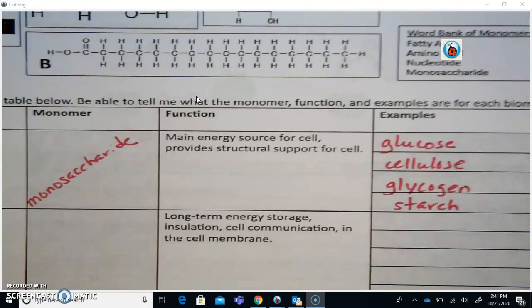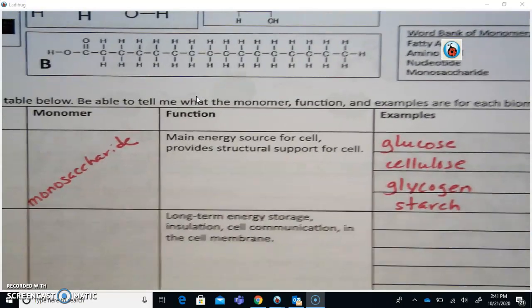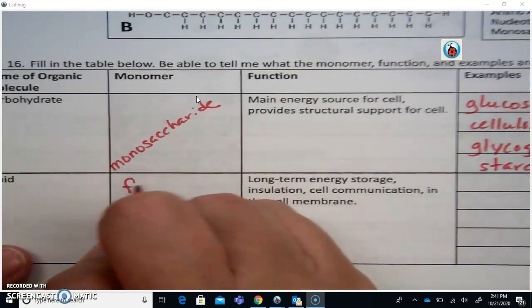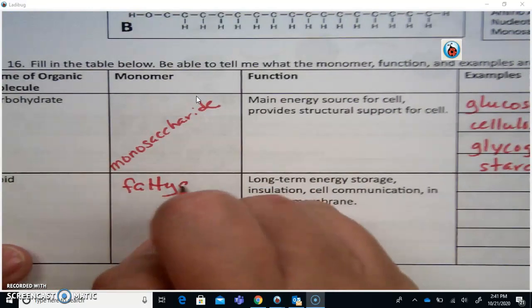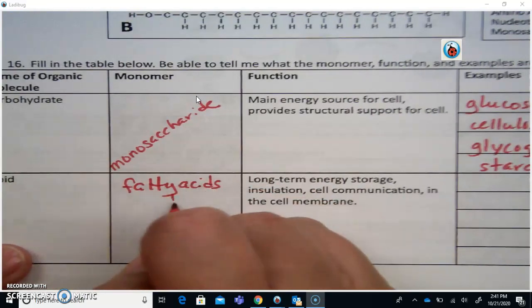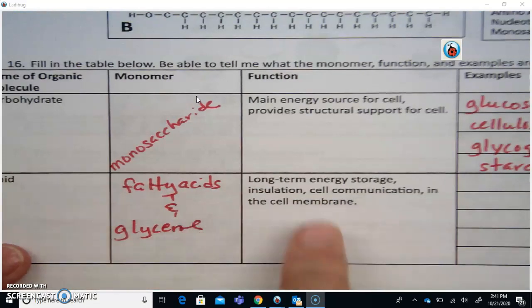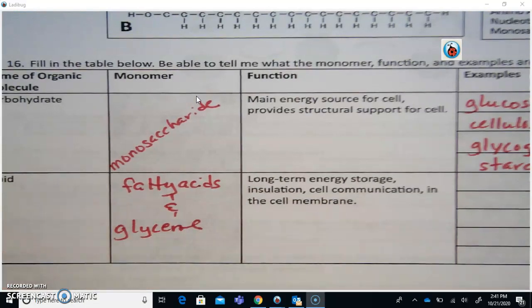For lipids, the monomer that makes up lipids are fatty acids and glycerol. Again, long-term energy storage, insulation.